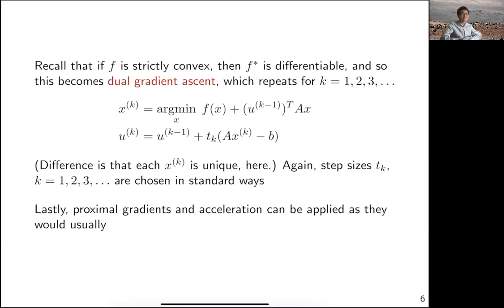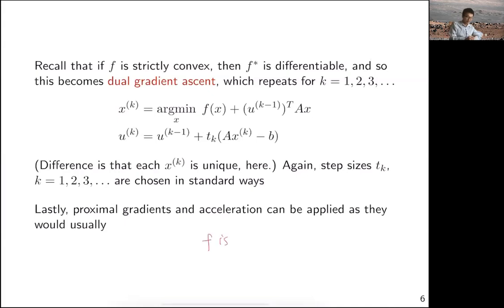Any takers? Okay, there's a guess that says also strongly convex.